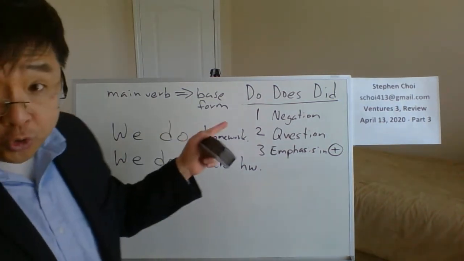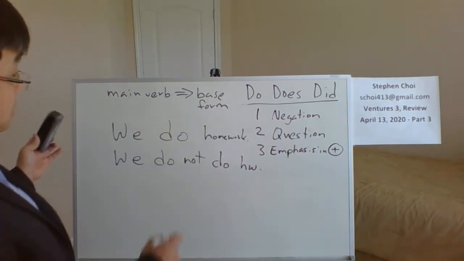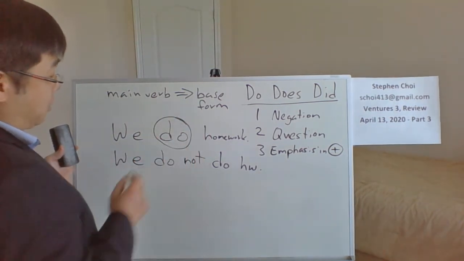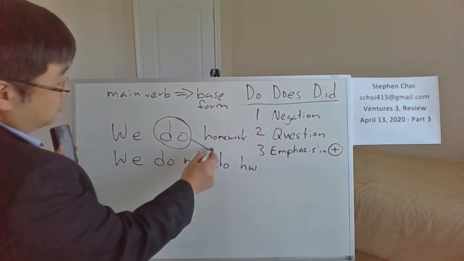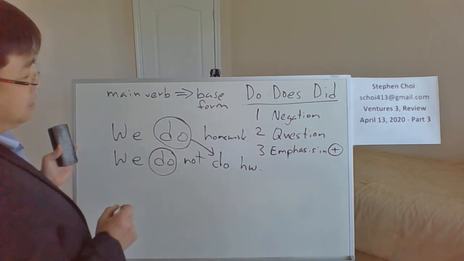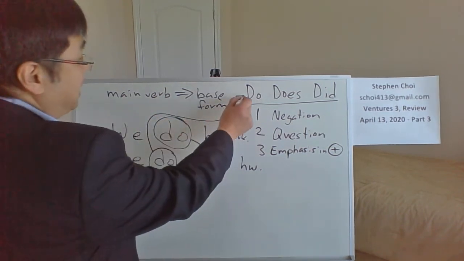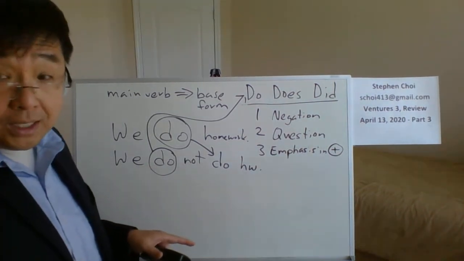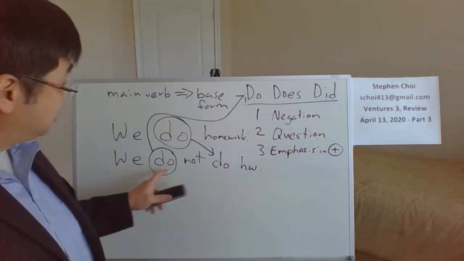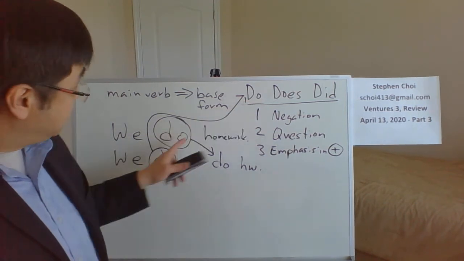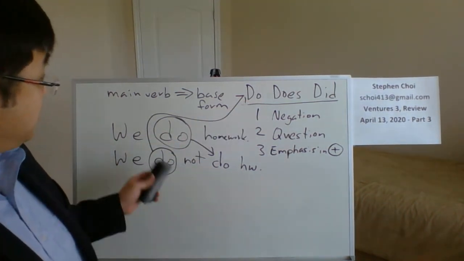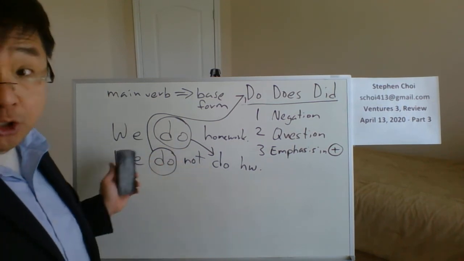This do, we do homework, is this one. That one is that do that we put in to make it negative. Got two do's, but that one is this one, and this one is that one. We do not do. So even do needs do.